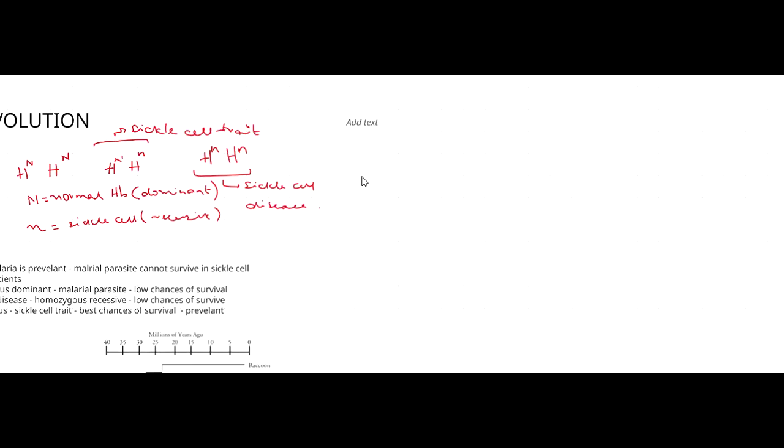Now, when we talk about extinction, what are the causes of extinction? Causes of extinction can include predators. Predators are a really big example of this.